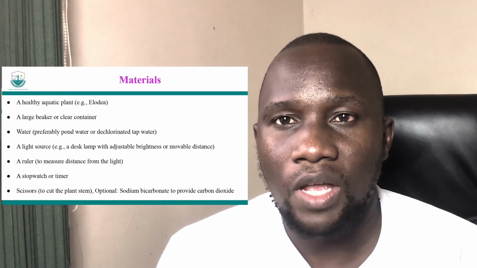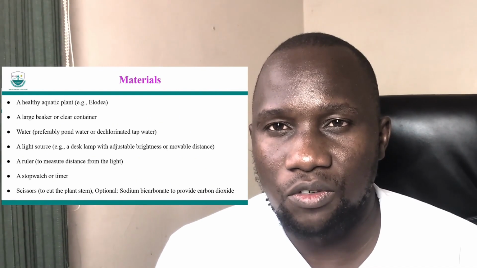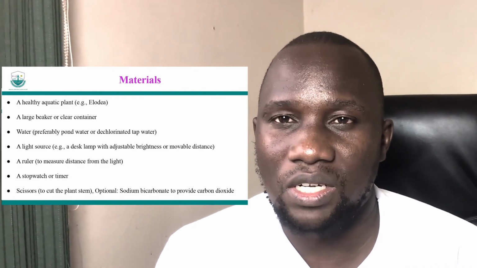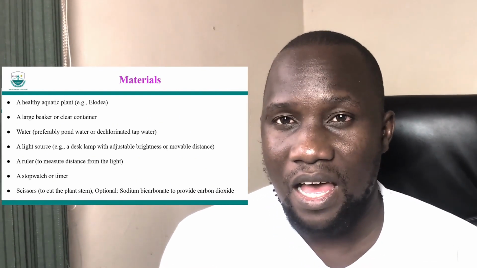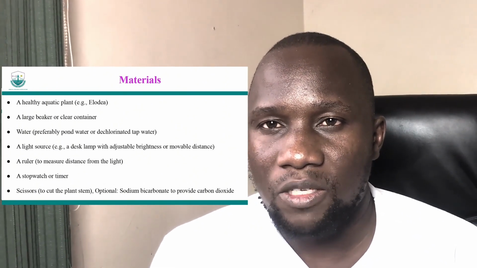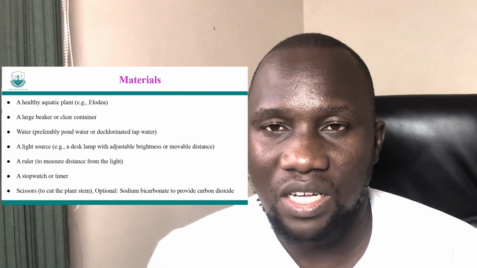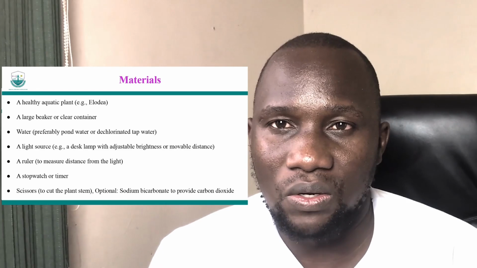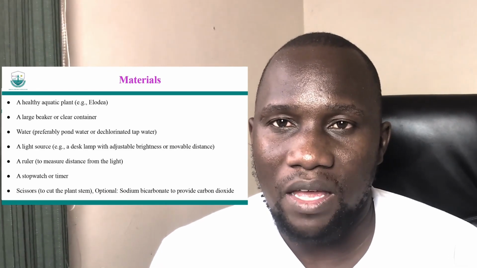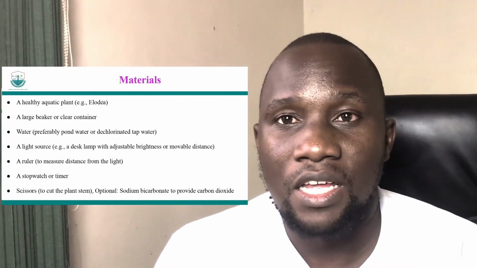So if you don't have carbon dioxide, you will not have photosynthesis happening at a faster rate. You don't want your experiment to take so long because the plants are not having sufficient carbon dioxide. So you can provide that carbon dioxide by dissolving sodium bicarbonate in the water.